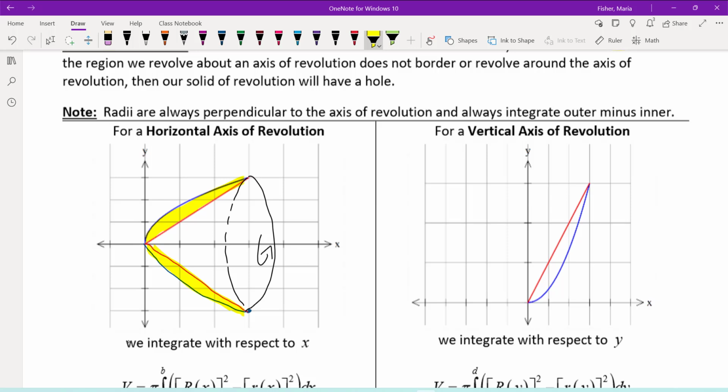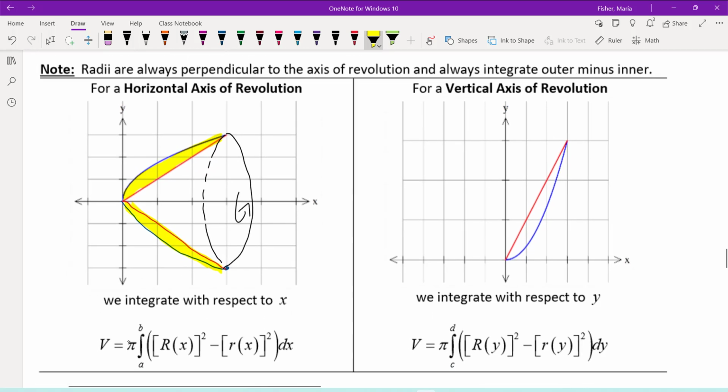So when you have a washer, what you're going to do is look for an outer and an inner radius. Your radii are always going to be perpendicular to the axis of revolution, and you always have to integrate the outer radius minus the inner radius. So it's always outer radius minus inner radius.